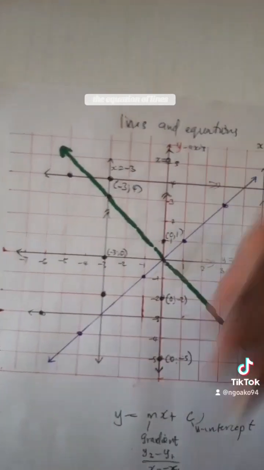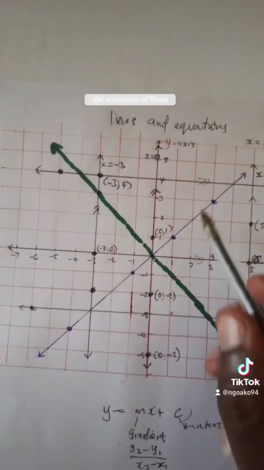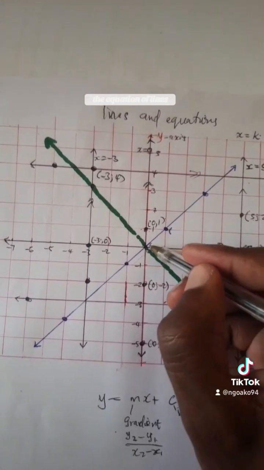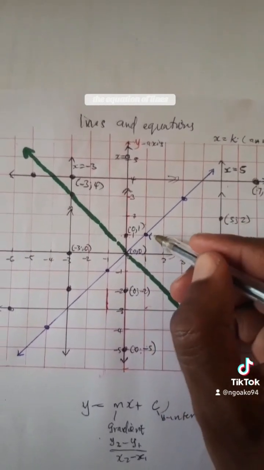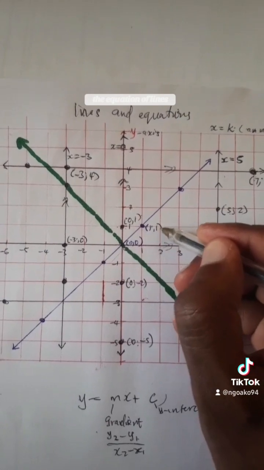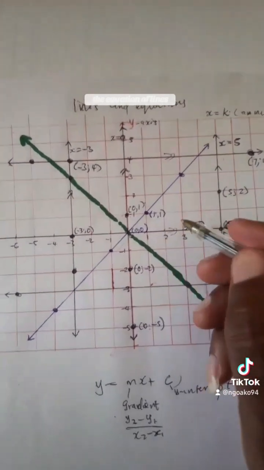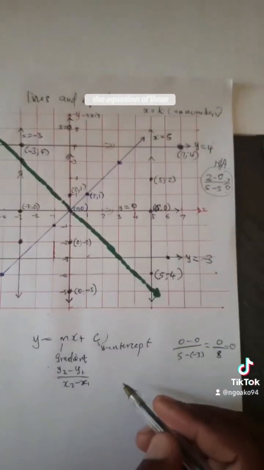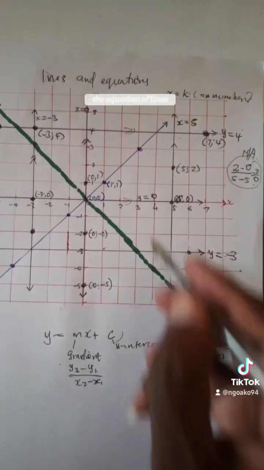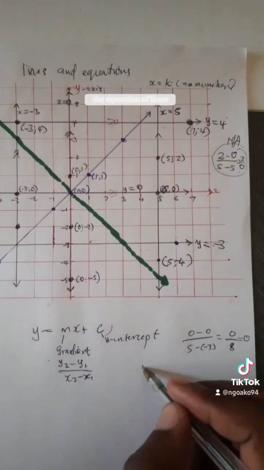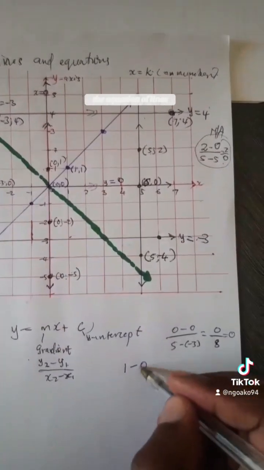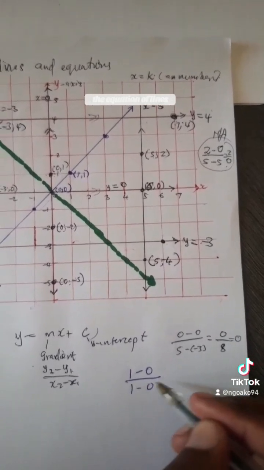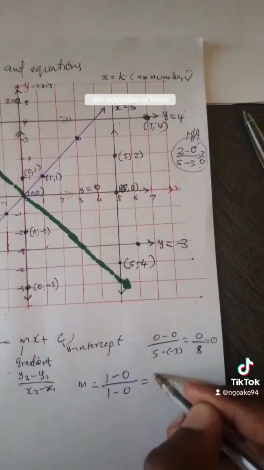Now let's have this one, the blue one here. Can you see that the coordinates here are 0 and 0, and here are 1 and 1. If you try to find the gradient of this line, the y will be 1 minus 0, so the gradient here will be 1.